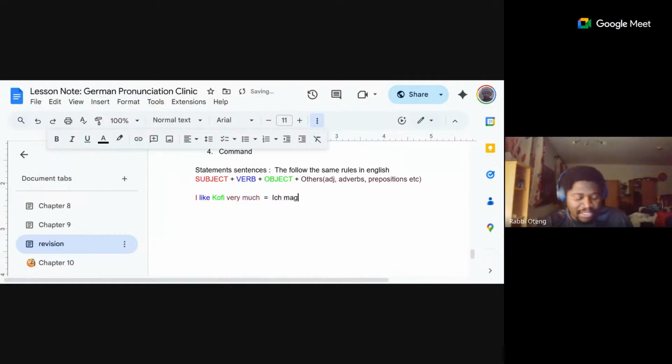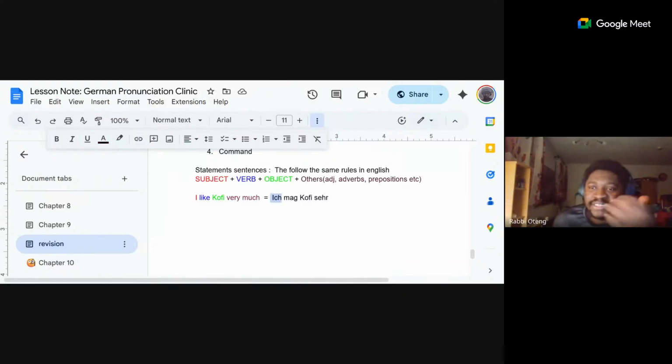So: ich mag. Then Kofi will come, the direct object, then "very much" as the others: ich mag Kofi sehr. In English you say "very much," but in German there's no need to say sehr viel. Yes, sehr.